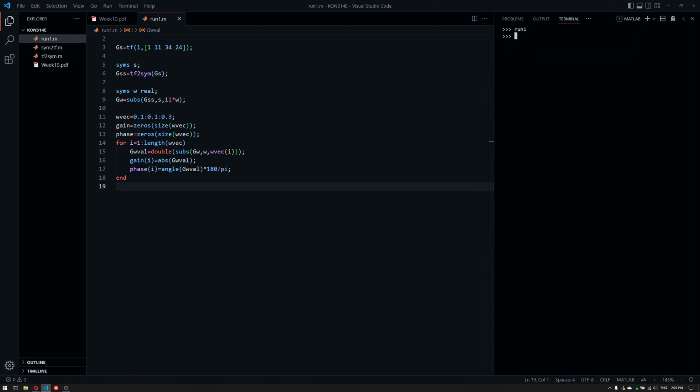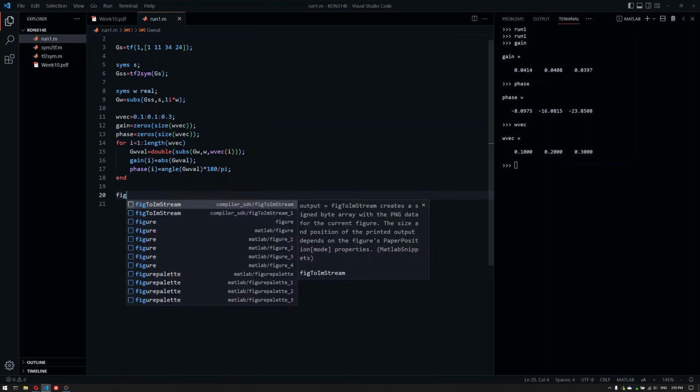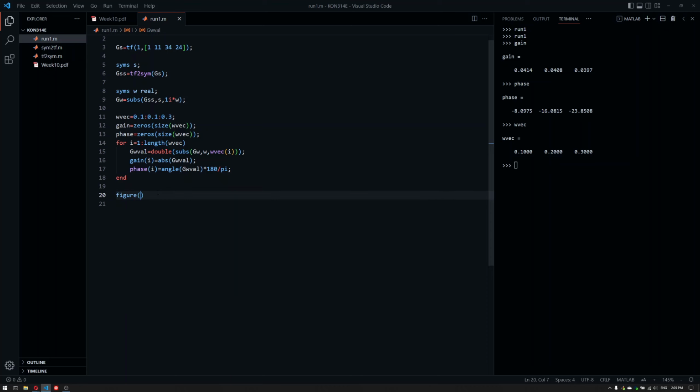And again, now we have gain, phase, and omega vec. Now, since we have these values, and I'm going to update the interval of omega vec, I can just go ahead and plot the gain plot, the phase plot, and basically generate the Bode plot myself.